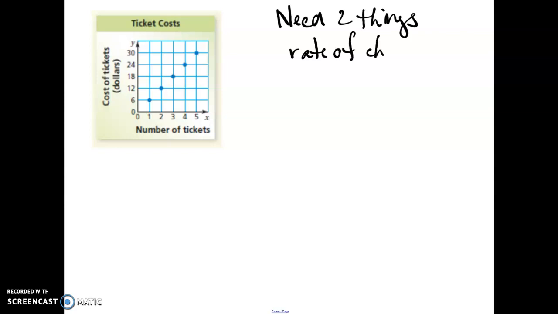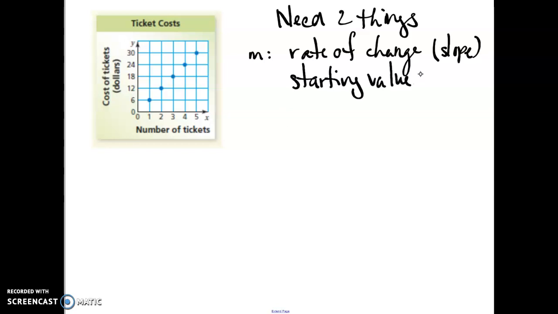So in order to do that, as we discussed, we need 2 things. We need to know the rate of change of the function, which in general we have so far this year called slope, or m, and we need to know the starting value, or more mathematically we call it b, because it is the y-intercept.